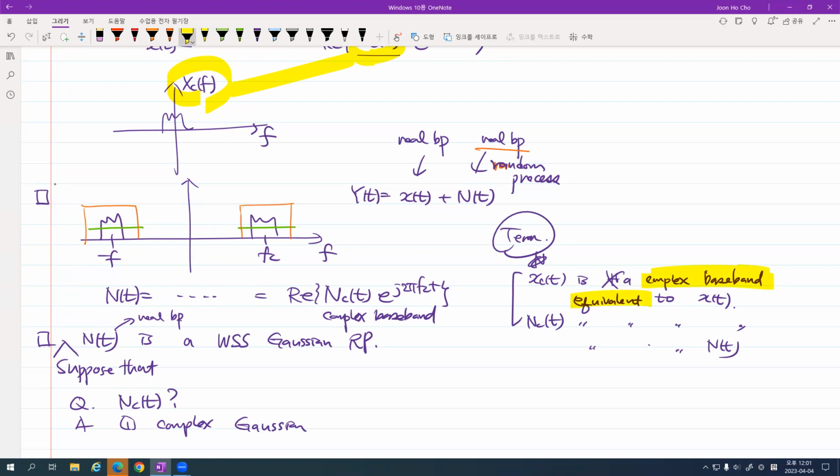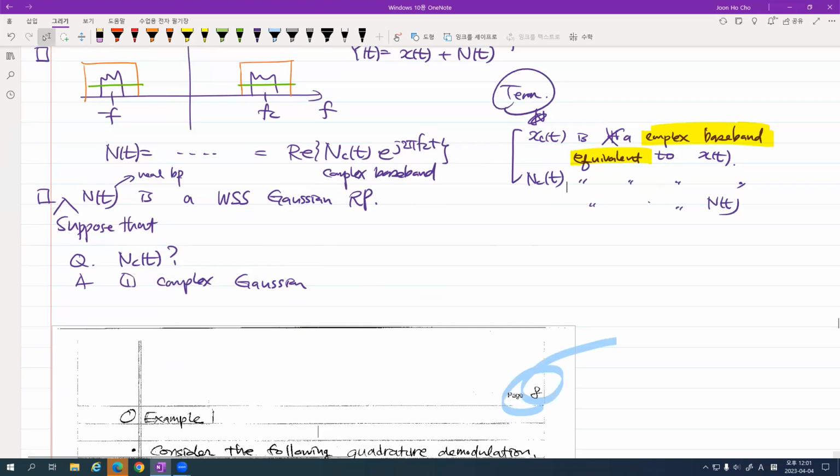What can you say about this complex baseband equivalent to the real bandpass wide-sense stationary Gaussian random process? Our answer is, first, it is complex Gaussian, and you can easily guess that. And surprisingly, it's always proper. Okay? It's proper complex Gaussian.